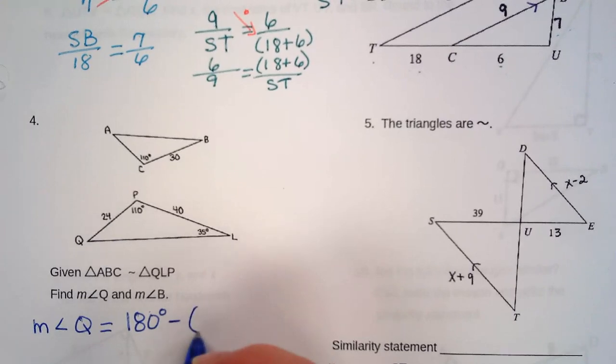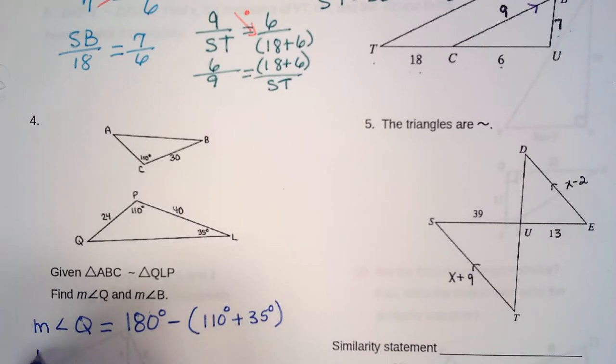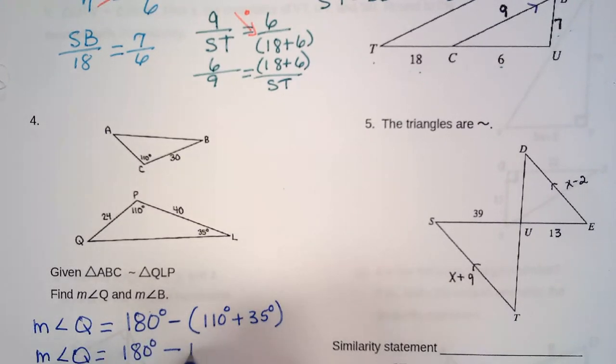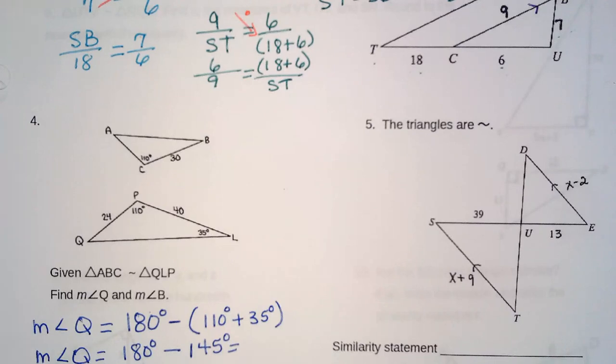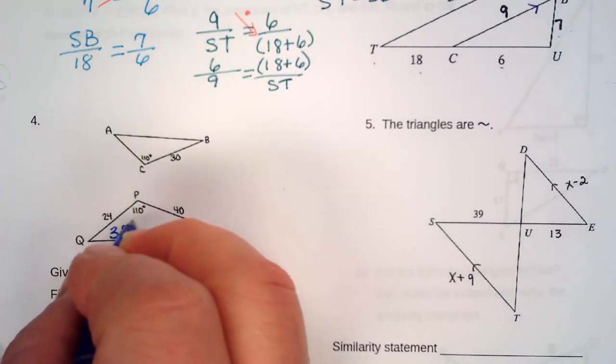We're going to subtract 110 degrees plus 35 degrees. Measure of angle Q is equal to 180 degrees minus 145 degrees. 180 minus 145 gives me 35. So this is 35 degrees.